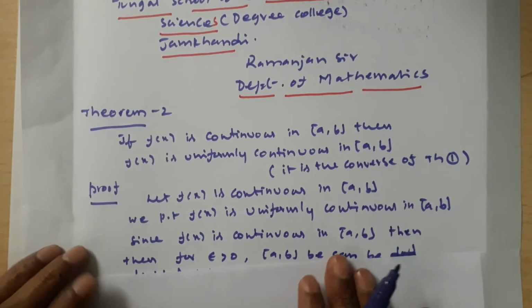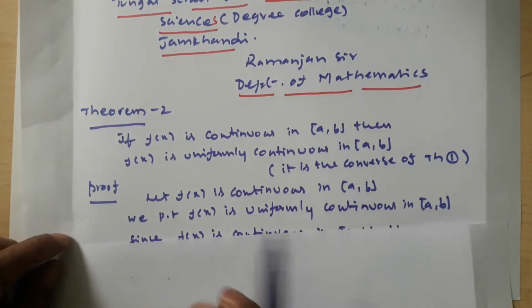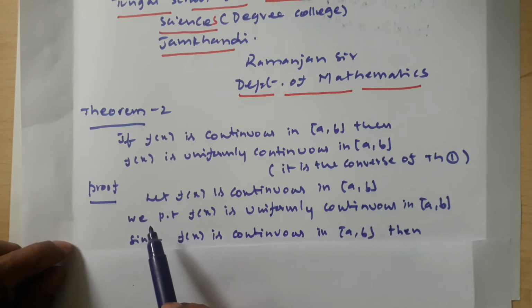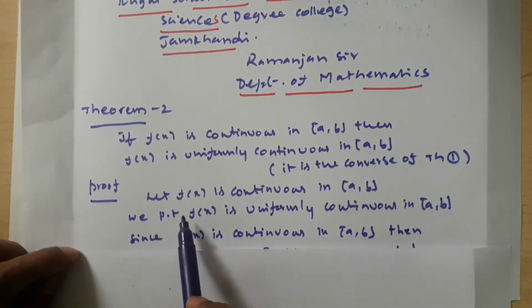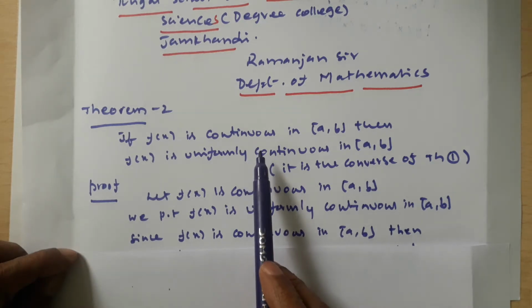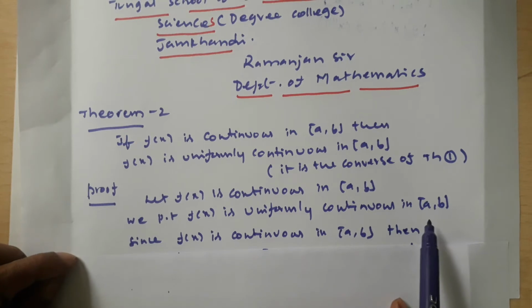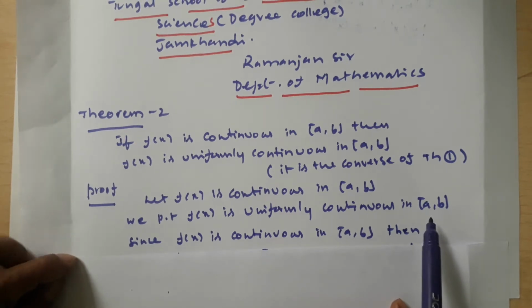Next, let us see the proof. Let f of x be continuous in closed interval a comma b, that is given. We prove that f of x is uniformly continuous in closed interval a comma b.